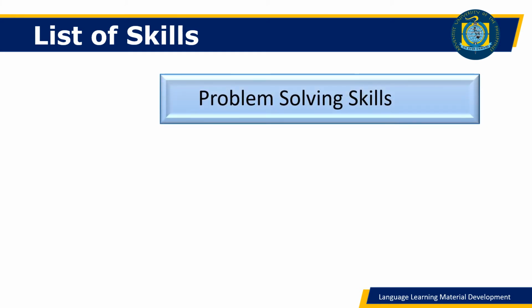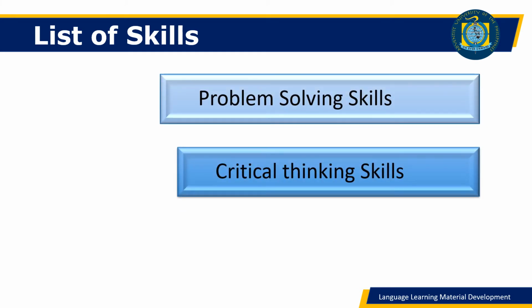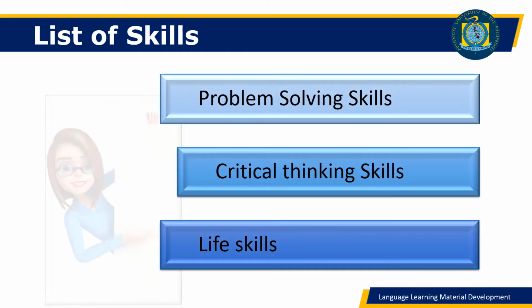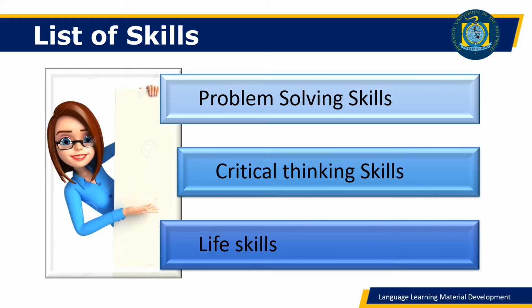These days, we hear about this list of skills like problem solving skills, critical thinking skills, or life skills. So the question is, what are they and what do they consist of?